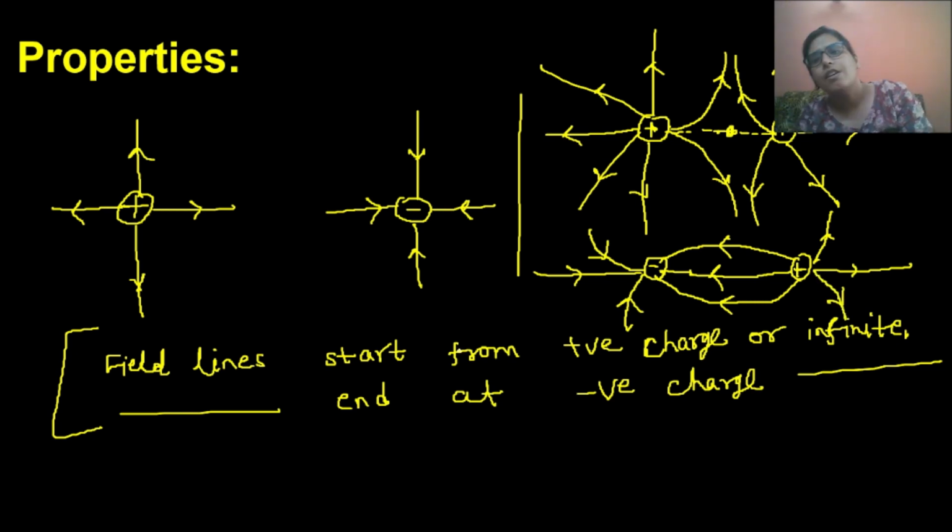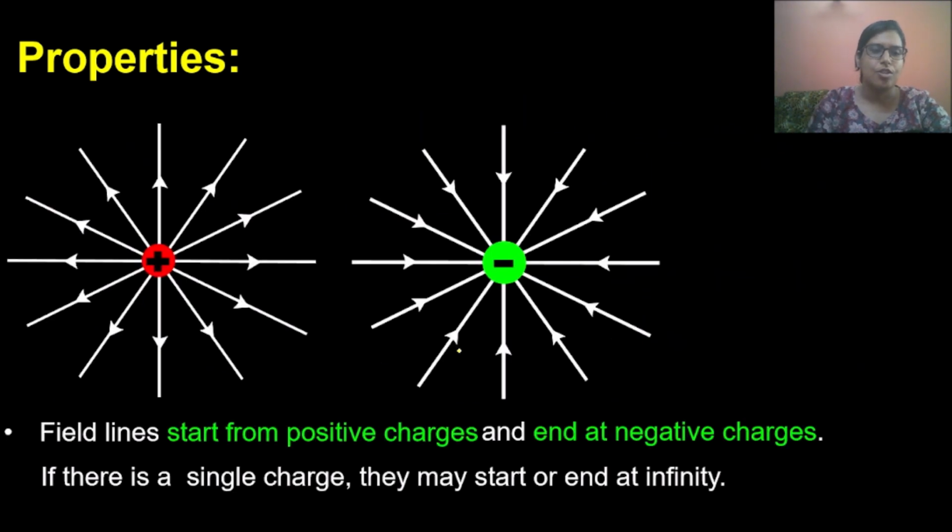So we can draw the electric fields for a positive charge, a negative charge, and for a pair of charges also. So electric field lines start from a positive charge or infinity, and end at the negative charge or infinity. So these are the electric field lines for a positive and negative charge.